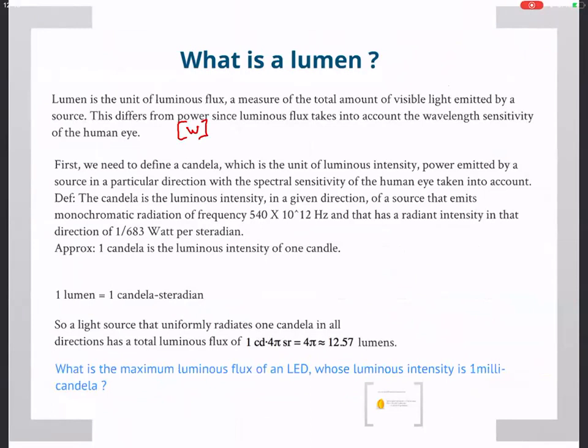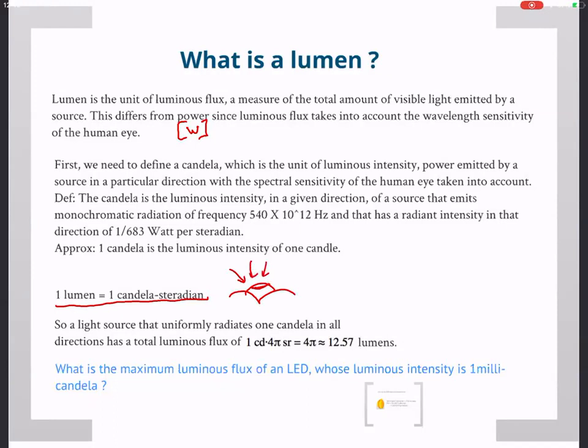First, in order to define what a lumen is, we need to define a candela. Candela is a unit of luminous intensity, which is power emitted by a source in a particular direction with the spectral sensitivity of the human eye taken into account. Okay, let's understand what that means. 1 lumen is equal to 1 candela steradian. Let's imagine this is the human eye.